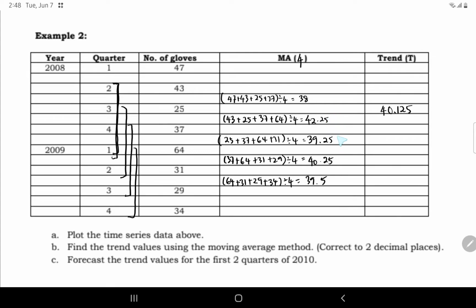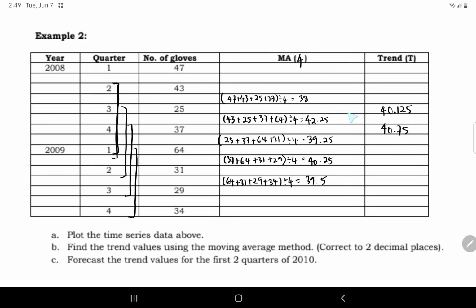And then kita cari average ni pula, 2 ni. So 42.25 plus 39.25 and then divide by 2. The answer is 40.75. We write it at the middle of these 2.